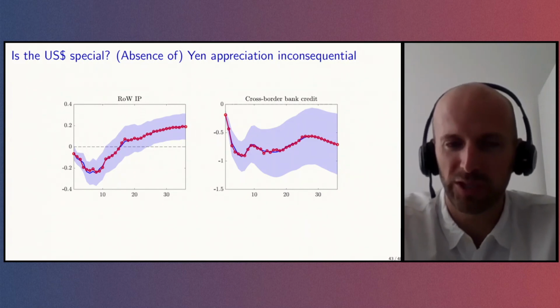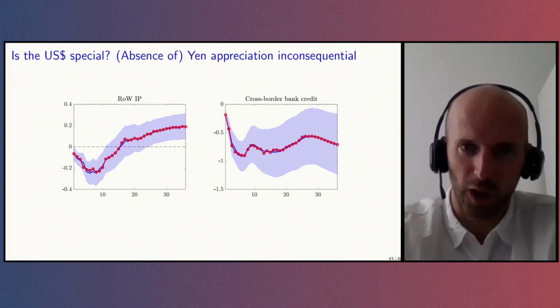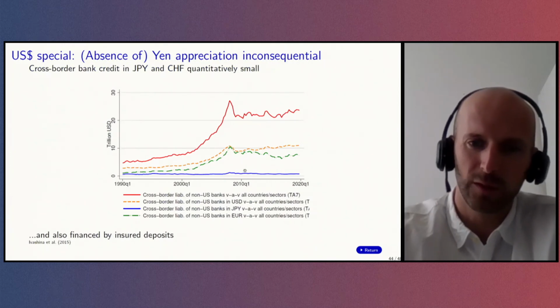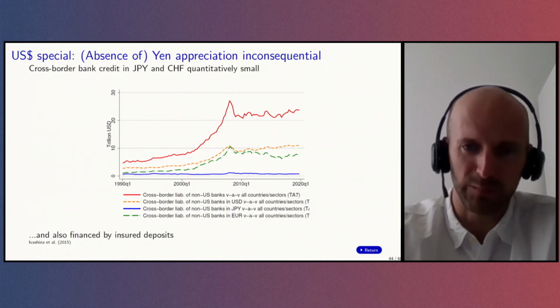So yen appreciation is actually inconsequential for the global transmission of a global risk shock. It's the dollar exchange rate which is special. And why doesn't the yen play any role? Well, if you look at the amount of cross-border bank credit that is denominated in yen, that's the blue line, and compare it with the amount of cross-border credit in dollars, that's the orange dashed line, there's a big difference.